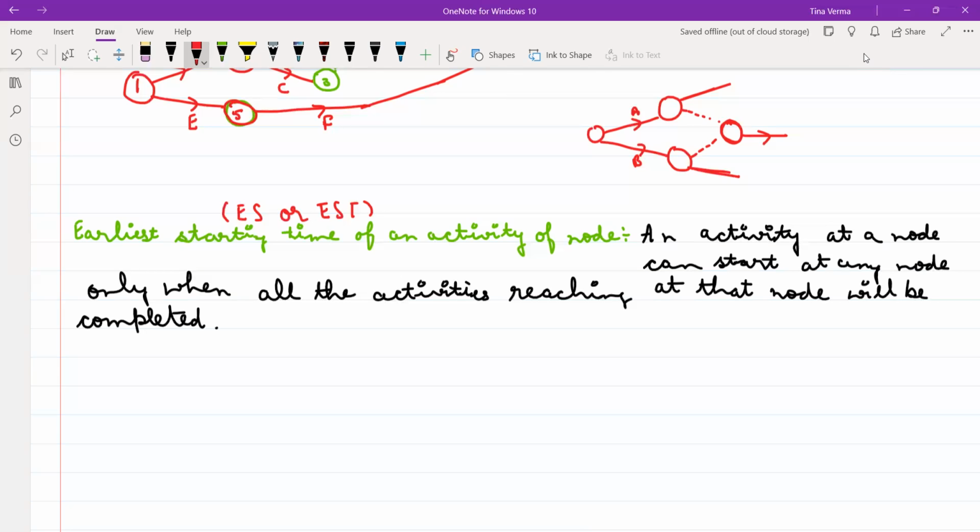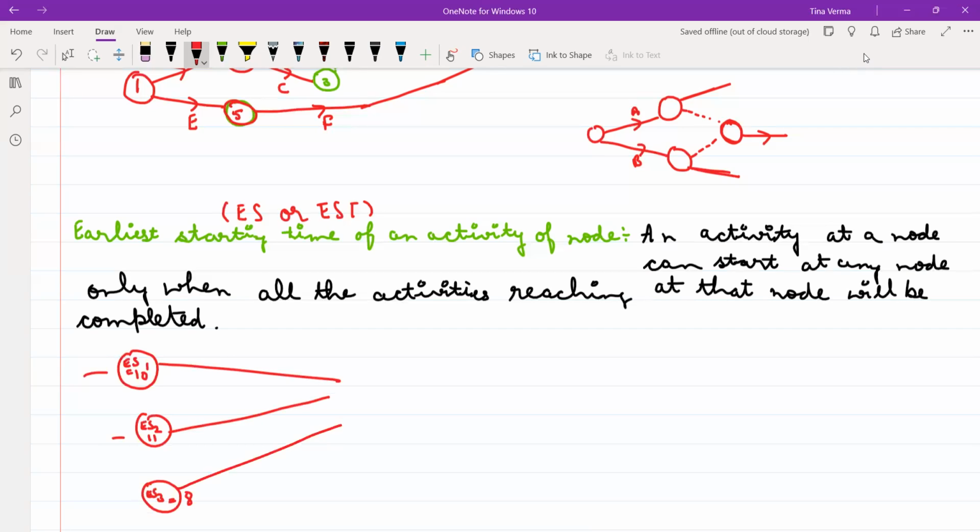For example, I am taking the first node, not any particular activity, that is coming from behind. The earliest starting time for this activity, suppose I am considering 10, for this ES2 activity I am considering 11, and the earliest starting of activity 3 is 8, and suppose it is going to node 4.